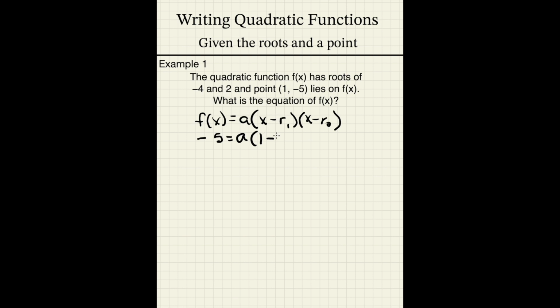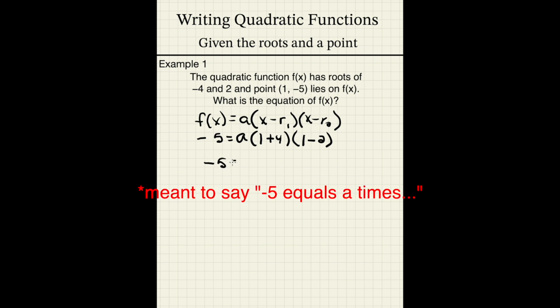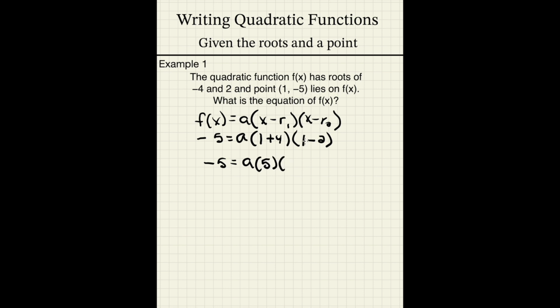So minus -4 is plus 4, times x, which is 1 again, minus root 2 is 2. All right, so now we are just going to be solving for a. So we have -5 equals a times (4 plus 1 is 5) times (1 minus 2 is -1).